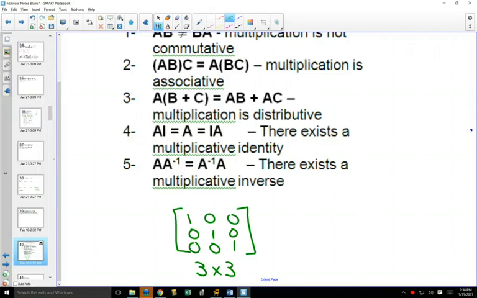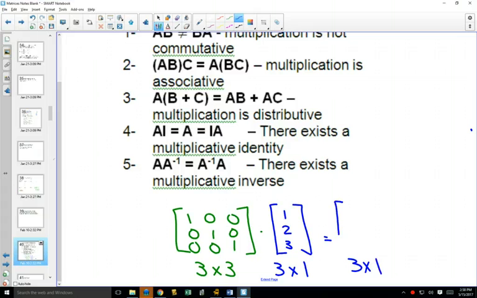So what would happen if I took that 3 by 3 matrix and I multiplied it by 1, 2, 3? This one is a 3 by 1. How big is my answer going to be? It's going to be a 3 by 1 as well. And what happens?